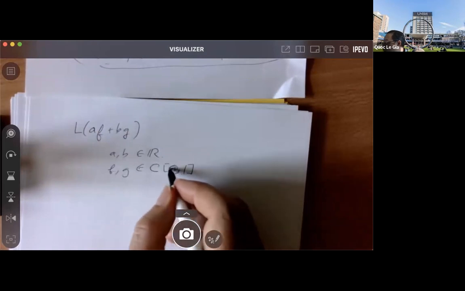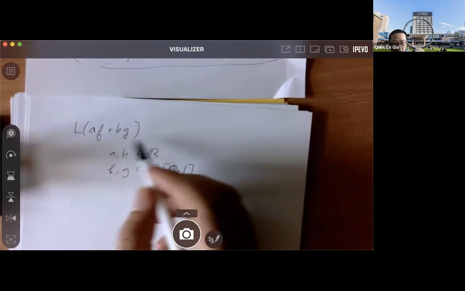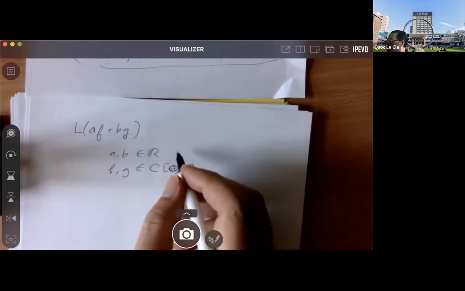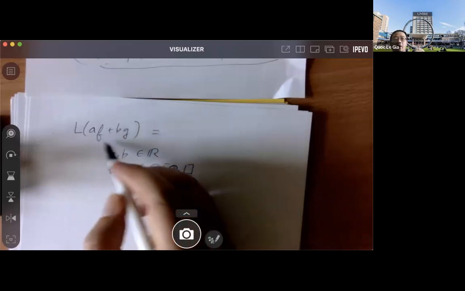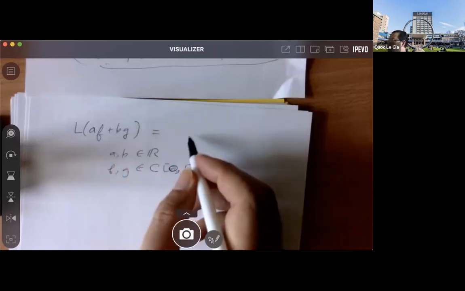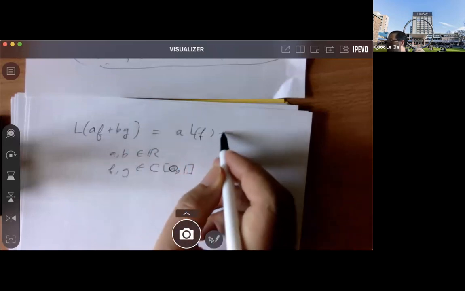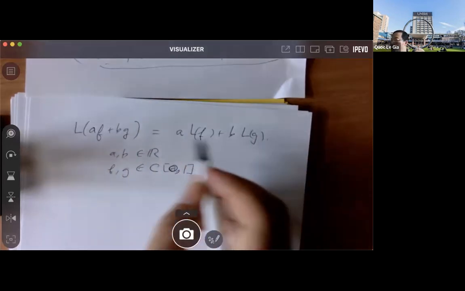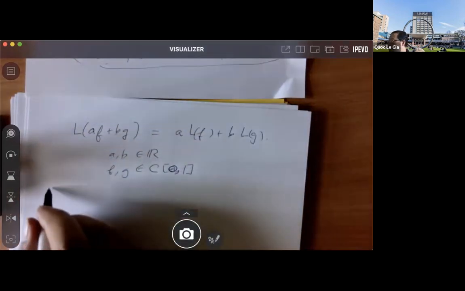It's not important here because I don't want to use A and B again, because A and B we use as real constants here. And then we have to show that L of the linear combination of F and G is just aLF plus bLG. So that is what we want to prove. So how do we prove it?